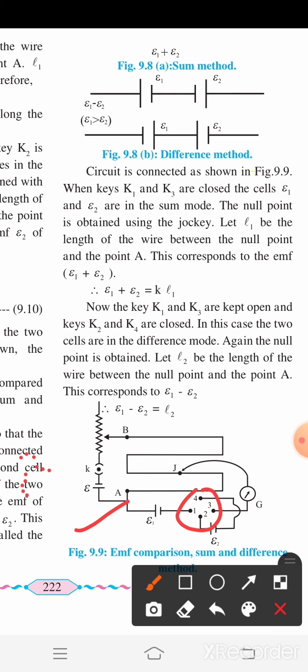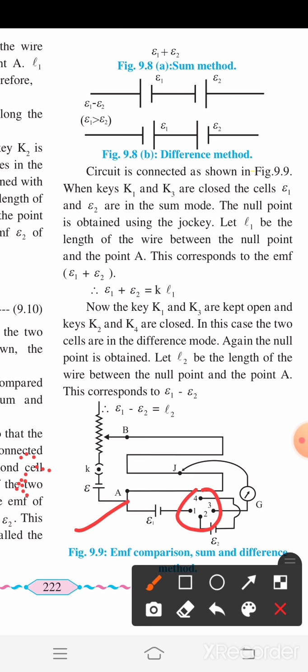So what is the working of this sum method? When keys K1 and K3 are closed, then cells E1 and E2 are in the sum mode, and the null point is obtained by placing the jockey at different points of wire AB. Then we get a single point, which is the null point, and measure the length of that null point from the higher potential point A, that is L1.